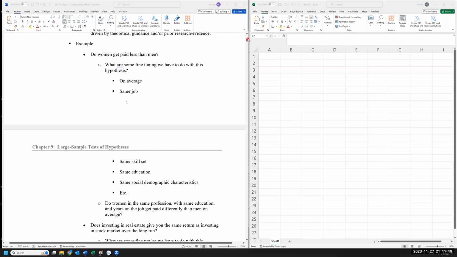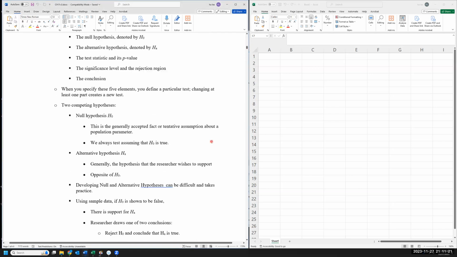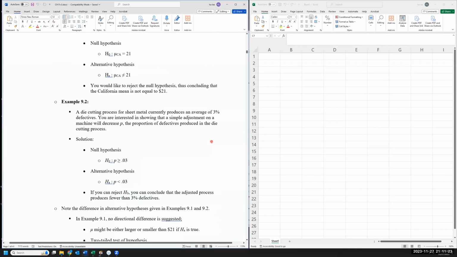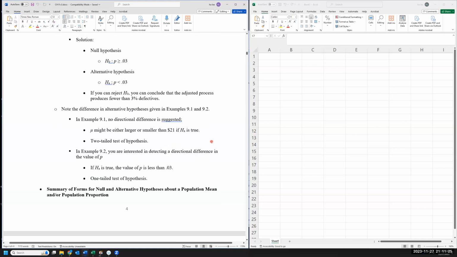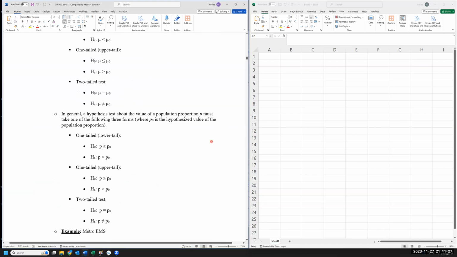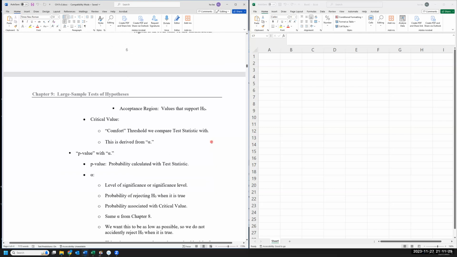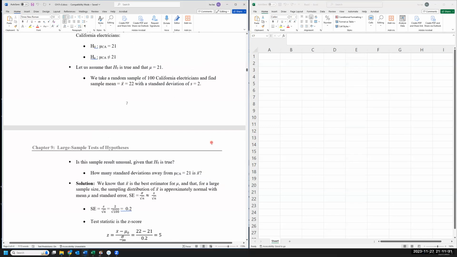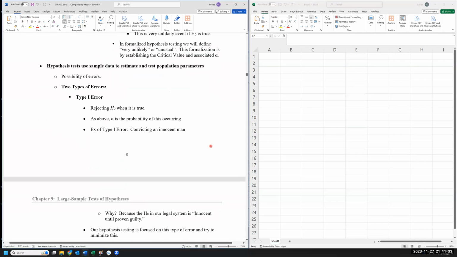Okay, so let's scroll and look for the section that involves the large sample test for the difference in two population means.